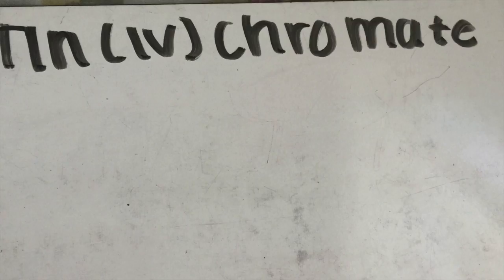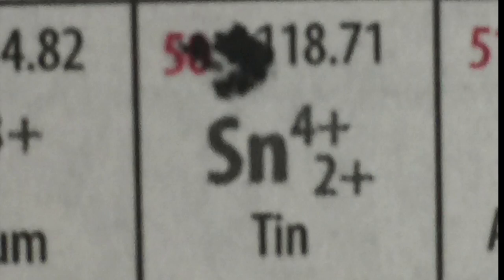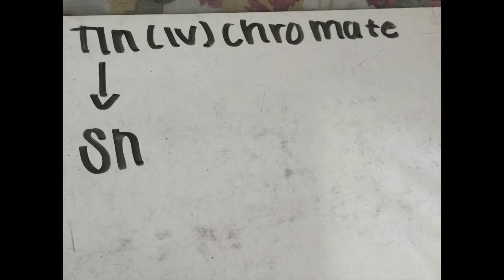Our second example is tin(II) chromate. Looking at the periodic table, we see that tin is Sn. Now that we know this, we're going to write it down.